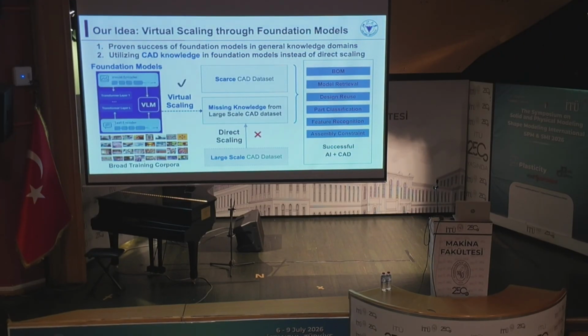Since rapidly building a large-scale labeled CAD dataset is difficult, we want to use the foundation model as a source of knowledge so that we don't really need to scale data. These foundation models have already shown strong capability in general knowledge domains.